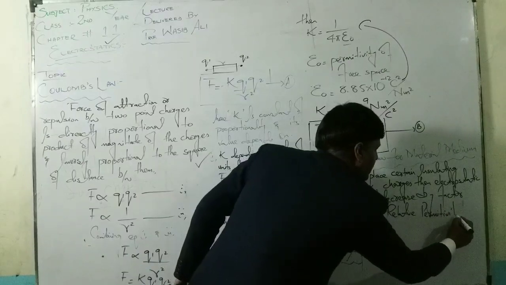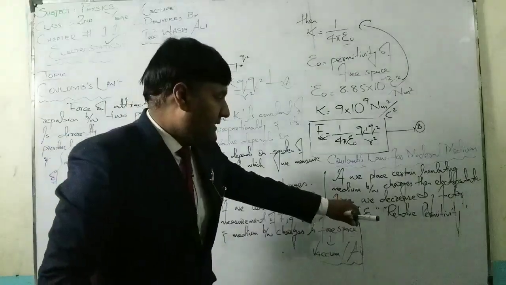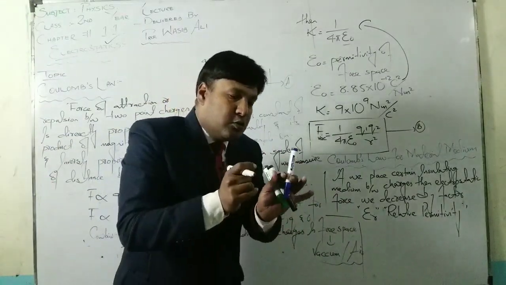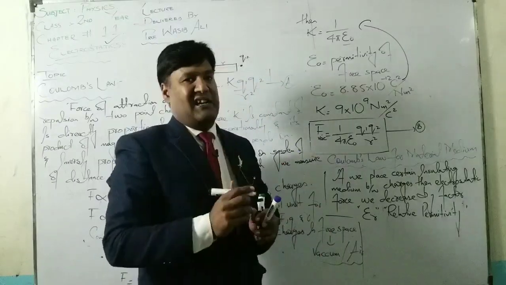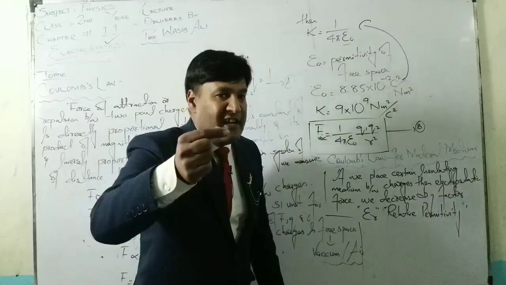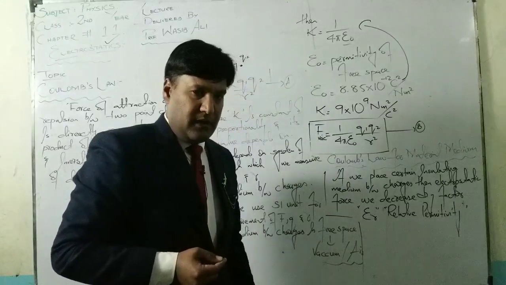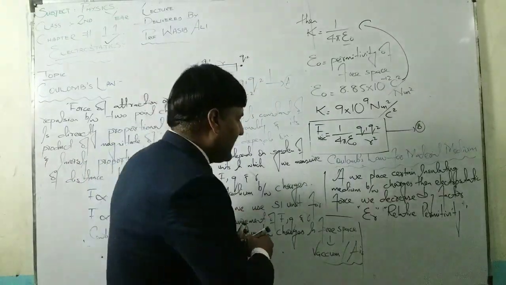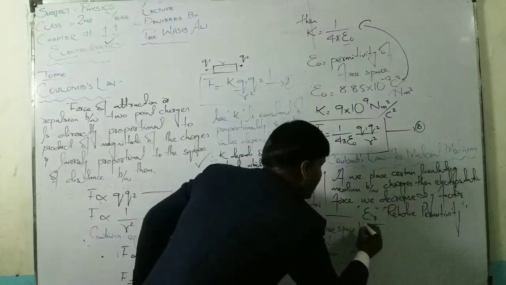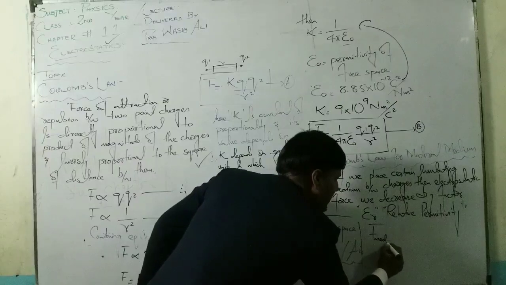What does relative permittivity mean? Hopefully you can understand that term now. If we place an insulating medium between the charges, the force of attraction or repulsion will decrease by the amount epsilon r. So you can write Coulomb's law in this form: instead of F vacuum, we write F medium.